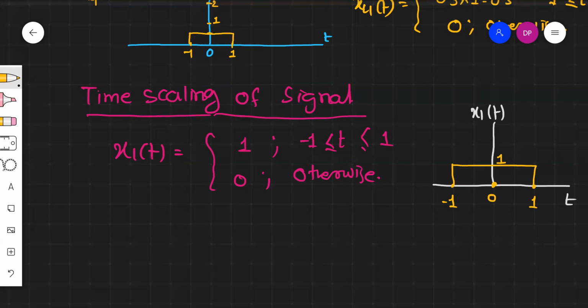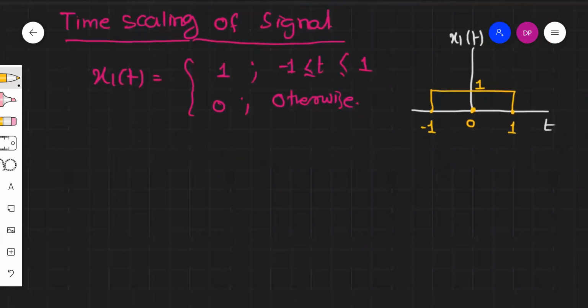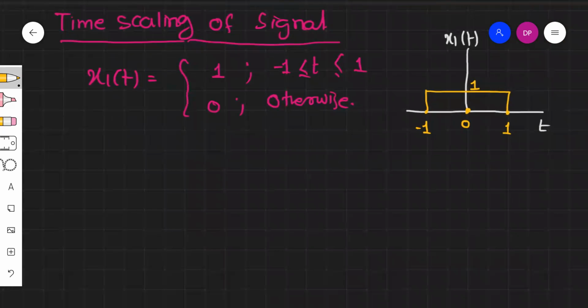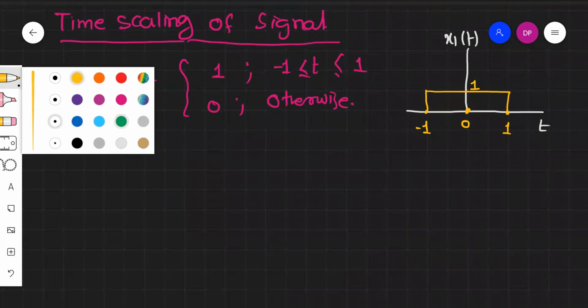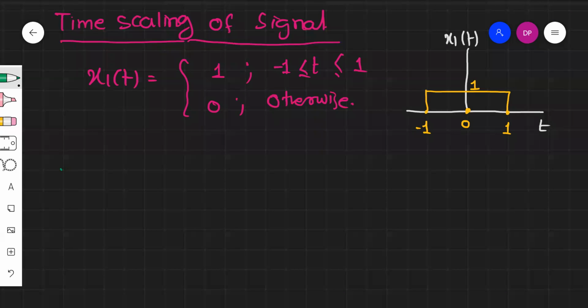This is the signal that we have considered, and we are now interested to time scale the signal. Let's suppose I have taken another signal x5 of t, which is equal to x1 of a1t, using the scaling factor of a1.